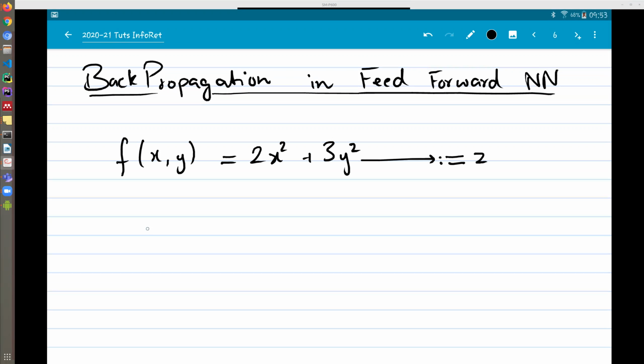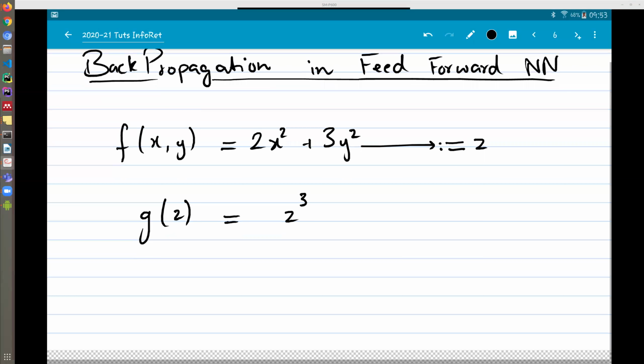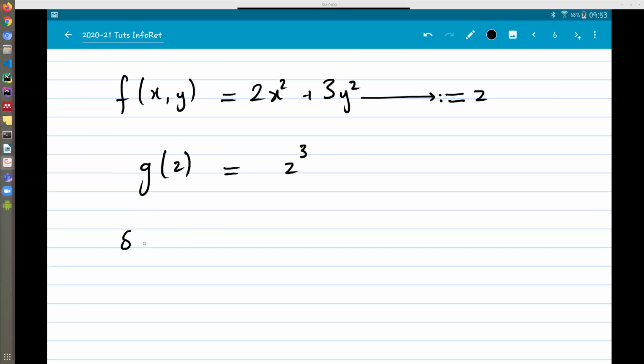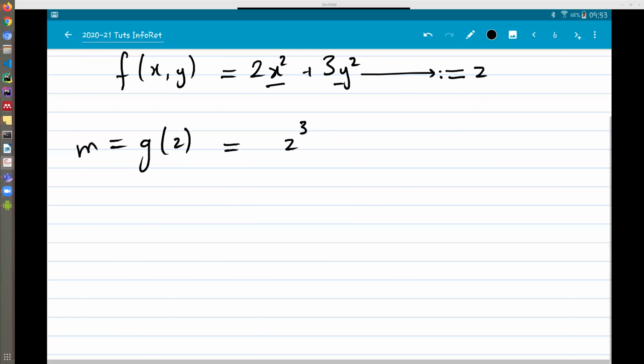Then we have a function of z that is equal to, let's say, z cube. Now if we want to calculate the derivative with respect to, let's say, x or y of this g of z, let's name this g of z equal to m, just for sake of notational convenience.